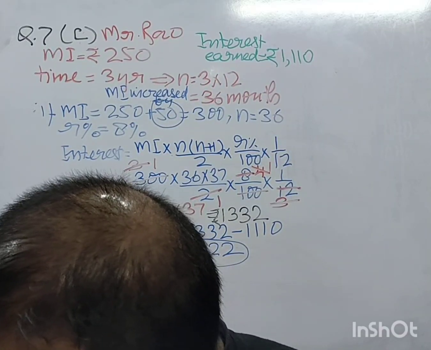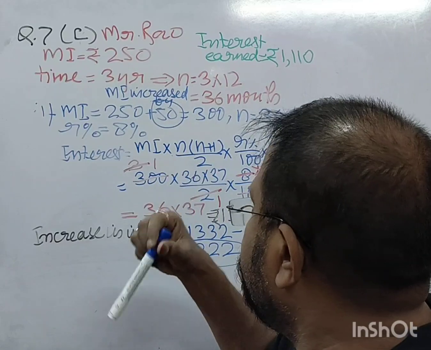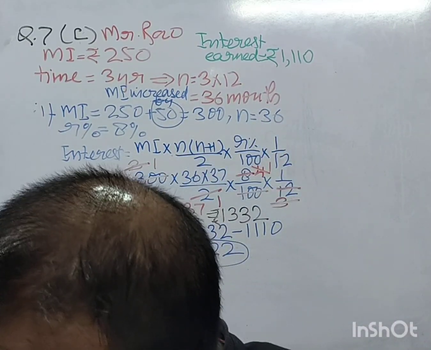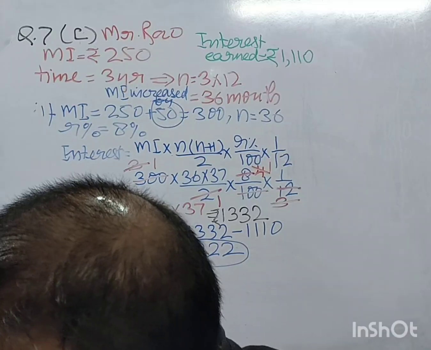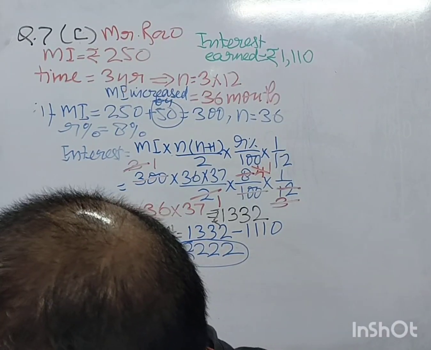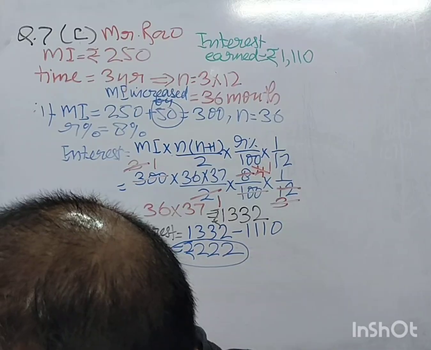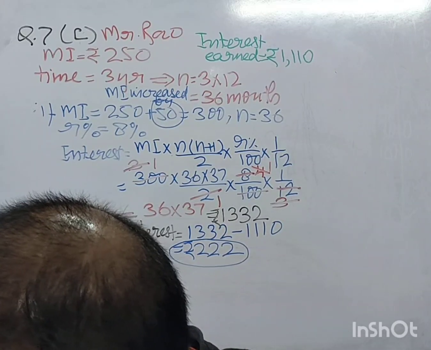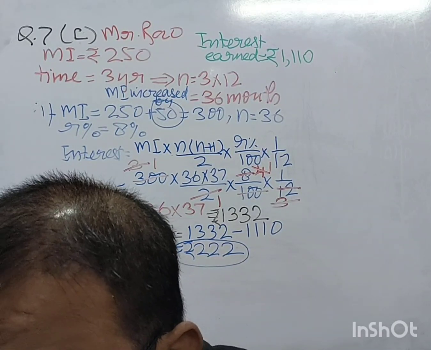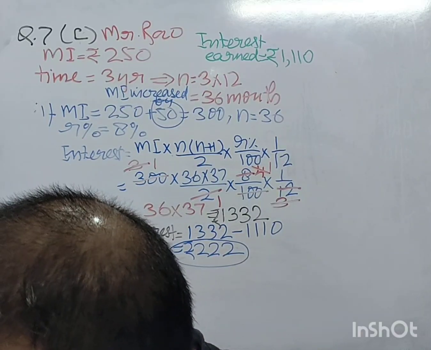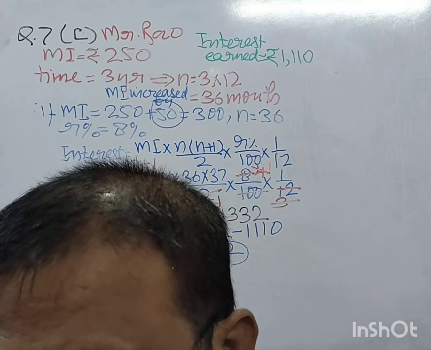What is now? 9th. You have done this. The diagram drawn above, triangular diagram. You have done this question.